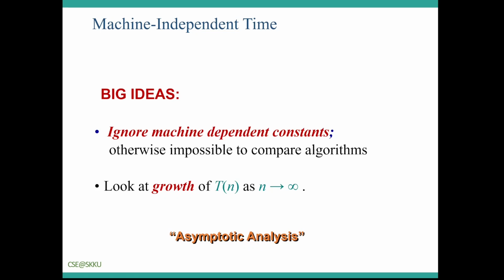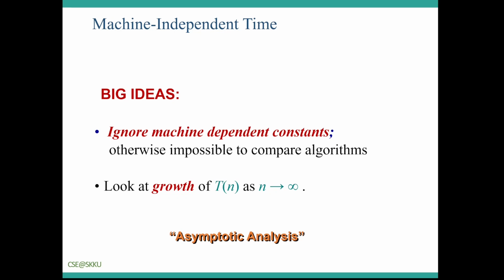When we talk about running time, we want to focus on the algorithm itself, not the machine it runs on. This is very straightforward. Different machines can give different execution times, so we ignore machine-specific constants.